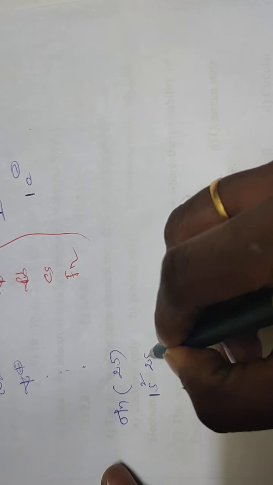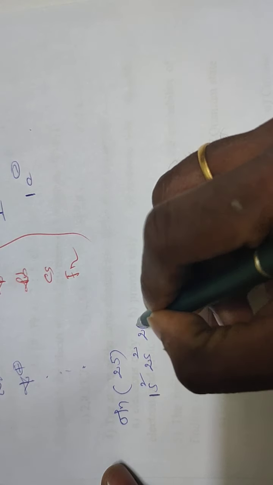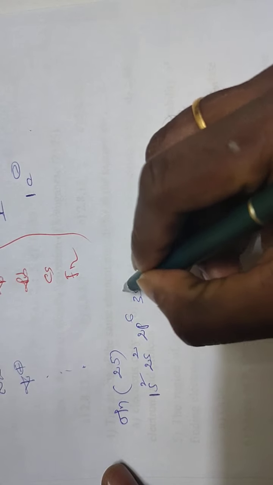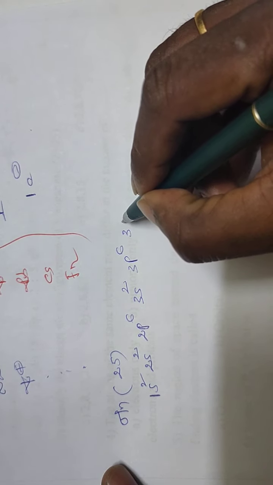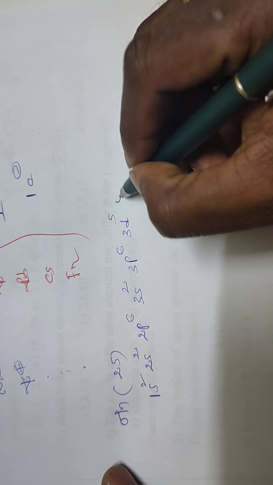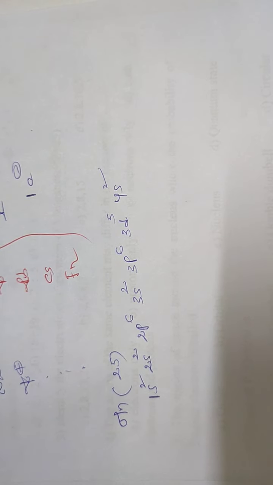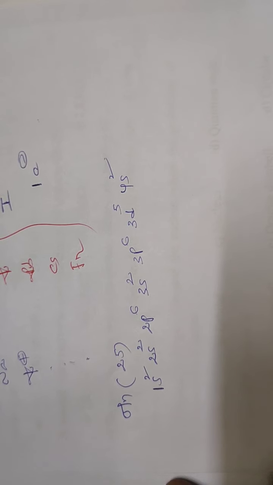1s2, 2s2, 2p6, 3s2, 3p6, 3d5, 4s2. It is the electronic configuration of manganese.